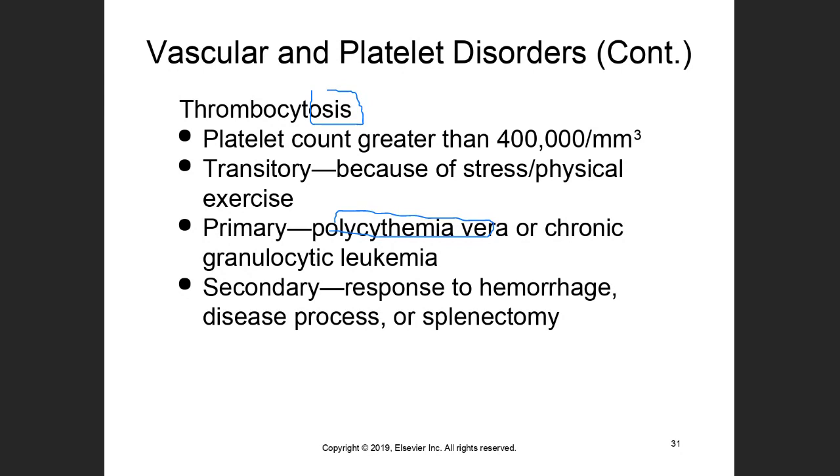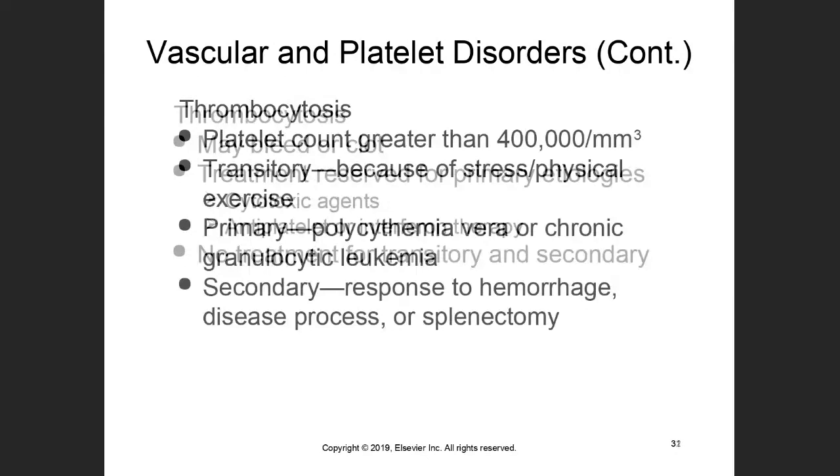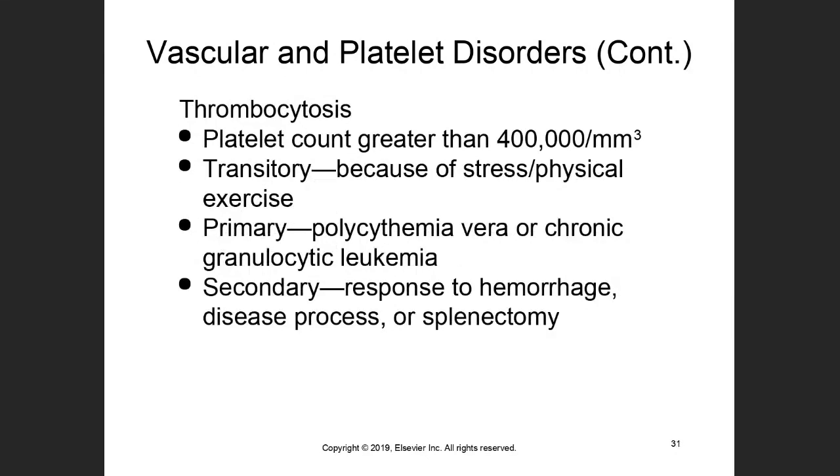Chronic granulocytic leukemia. Secondary, in response to hemorrhage, disease process, or splenectomy. Splenectomy means that you remove the spleen from the patient. That's extremely important because the spleen is where you destroy the platelets.